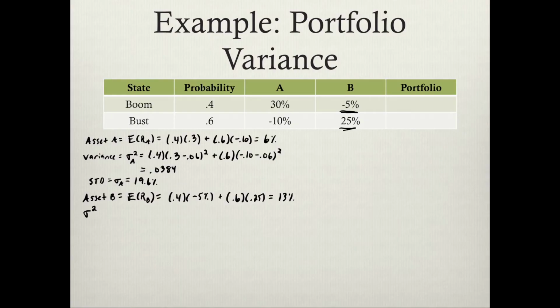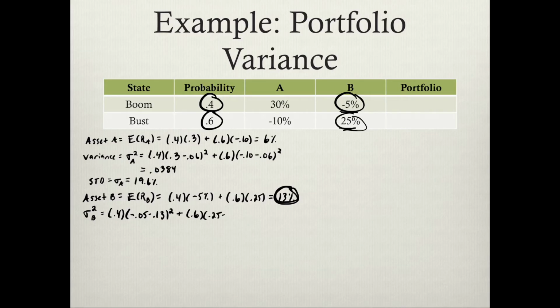Now let's calculate the variance of asset B. Once again, it's probability, 0.4, multiplied by the difference between the return in that condition minus the expected return, and we square that. And then we do the same thing for the next one. Probability of a bust, 60%. In a bust, we have a 25% return minus the expected return of 13%. We square that difference.